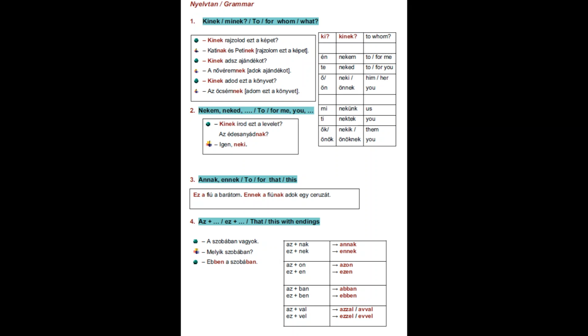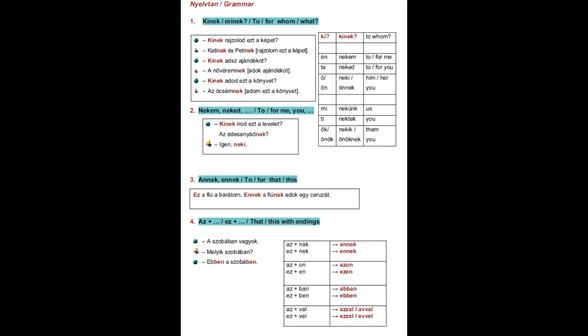But it is something that is outside of me, away from me. Az is that. That over there. So, annak is to or for that. Annak, right? To or for that. Or ennek is to or for this, something closer to me.